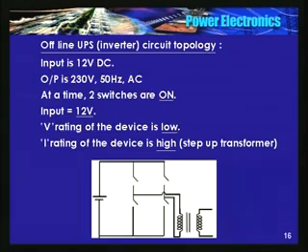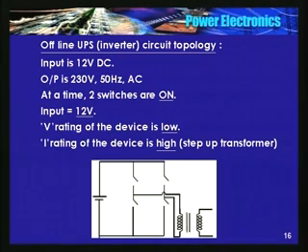And what is the fundamental frequency that is being applied here? You want a 50 hertz supply. So the frequency of the fundamental component seen by the transformer is 50 hertz.